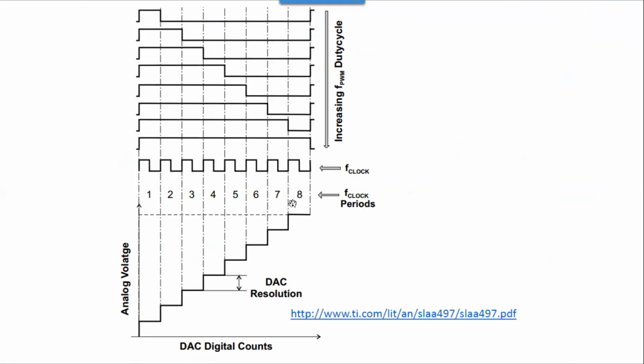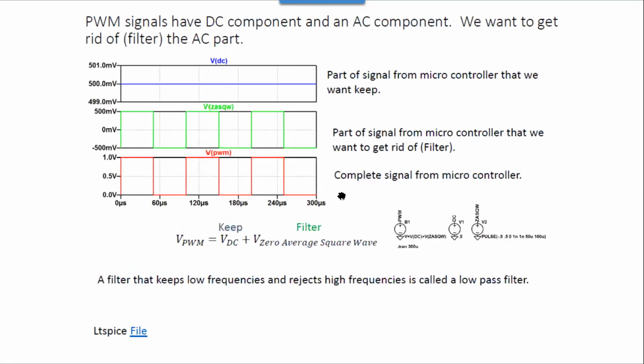If we could break up a clock cycle into smaller periods, we'd get more bits. There will be 2 things: the slower the pulse width modulated signal is, the more bits you get. Well, with the filter, the higher the harmonic, the better it is. They actually work against each other.